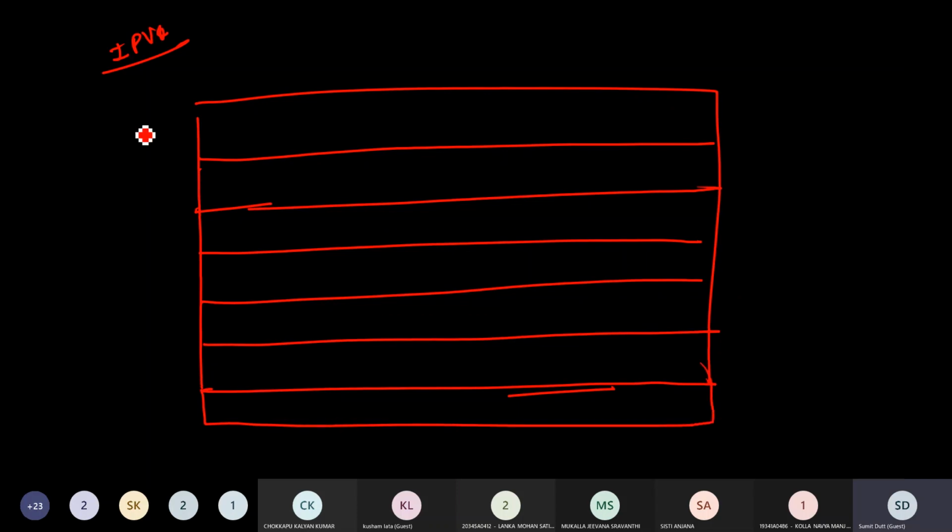All are 32-bit. These all are 32-bit in IPv4. In this, the first 4 bits tell about the version. So out of 32, the first 4 bits tell about the version.